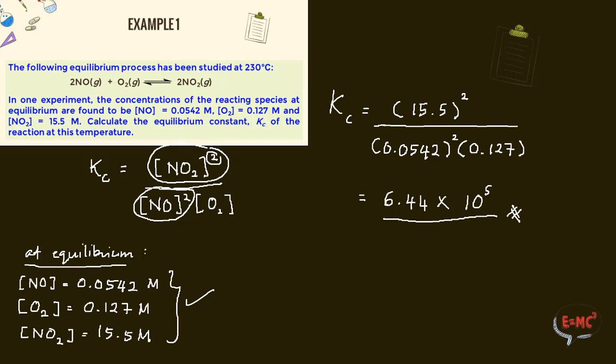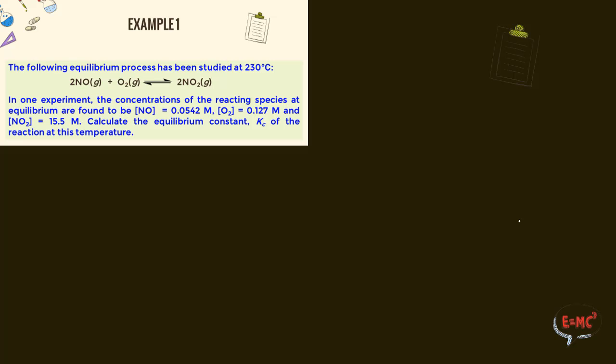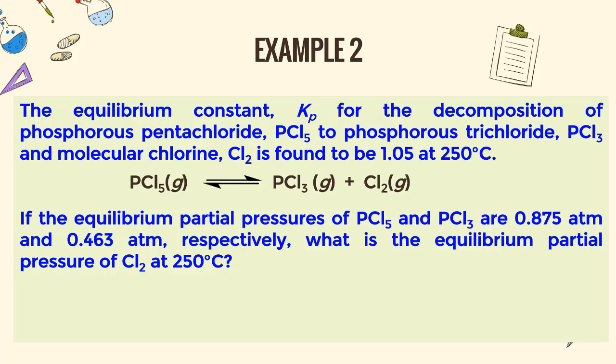Okay, so now let's move to the second example. Okay. Right, so this is the second example. Okay, let's analyze the question. Okay, so the equilibrium constant Kp for the decomposition of phosphorus pentachloride PCl5 to phosphorus trichloride PCl3 and molecular chlorine Cl2 is found to be 1.05 at 250 degrees Celsius.